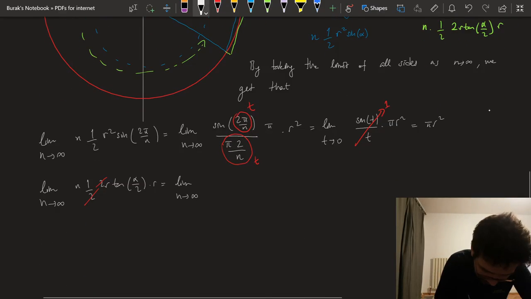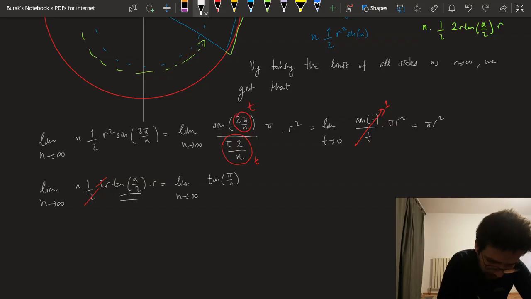So I'm going to have a tangent of pi over n here instead of this term, and instead of n I'm going to write 1 over 1 over n, and I'm going to divide and multiply by pi in order to be able to do the exact same trick. Okay, and then I have r squared.